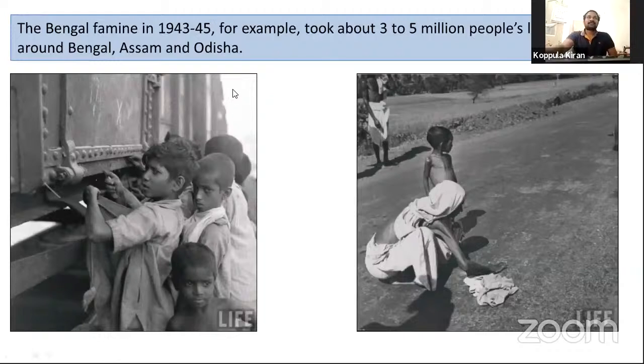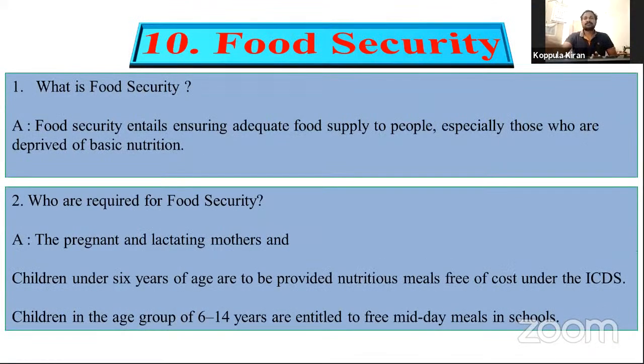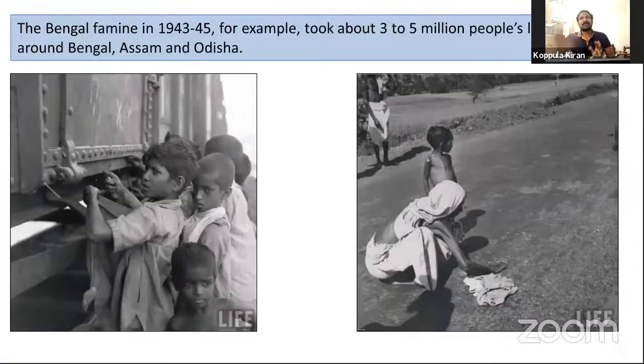Okay, next slide. Before that, let us discuss one example. One person migrated to Kolkata with his family.